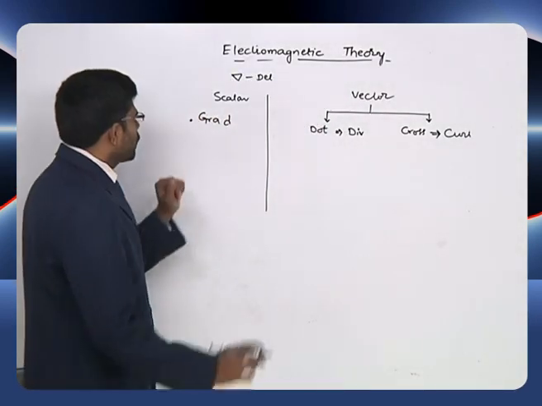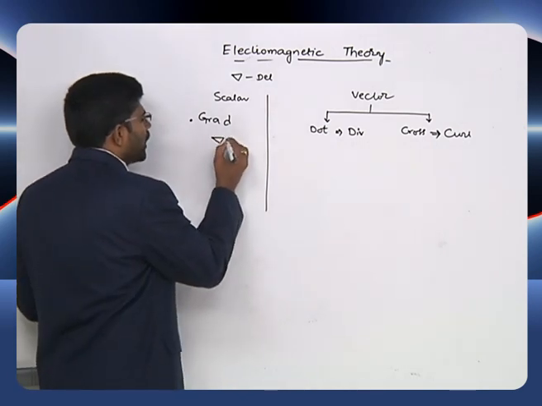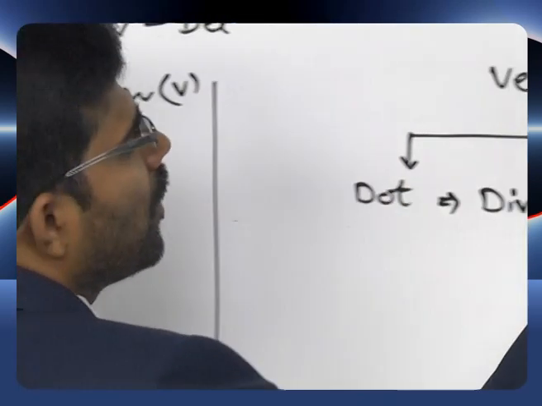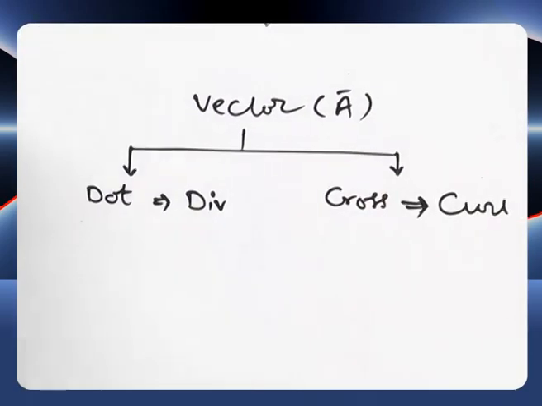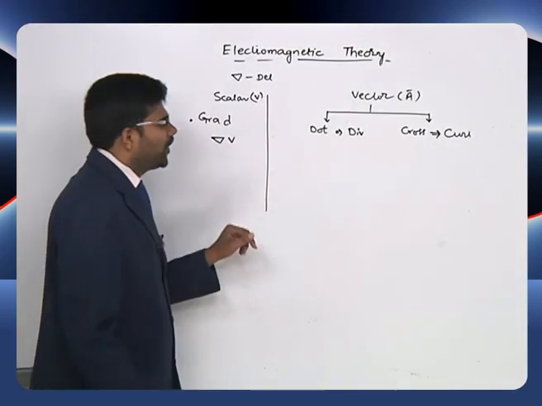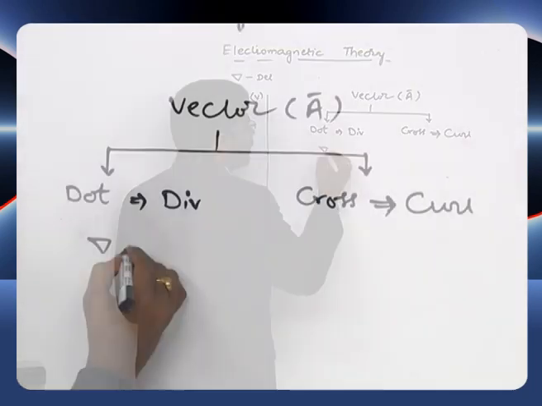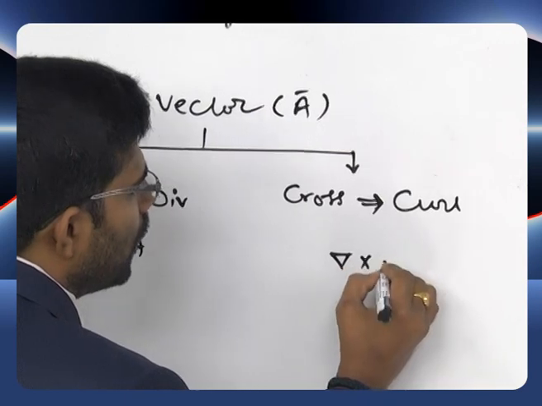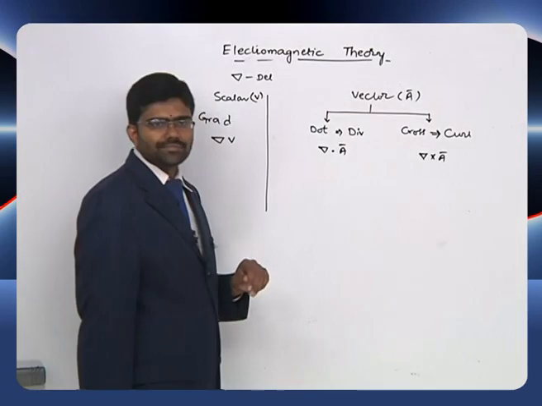Right? So what is the notation for this one? Gradient of a scalar V. Let us take V as a scalar and a vector A bar. So it is gradient of V. Here the dot product, divergence of A bar, cross product, curl of A bar.